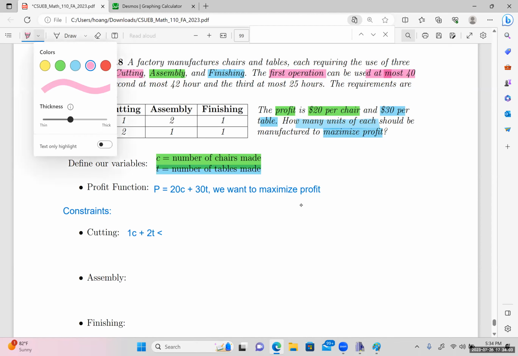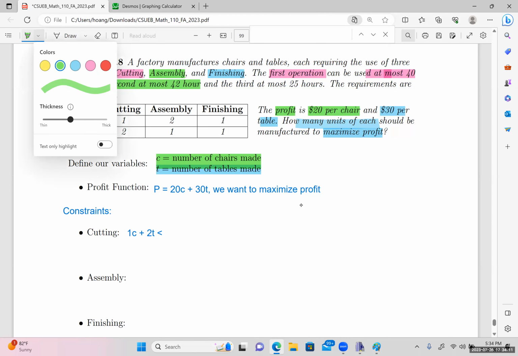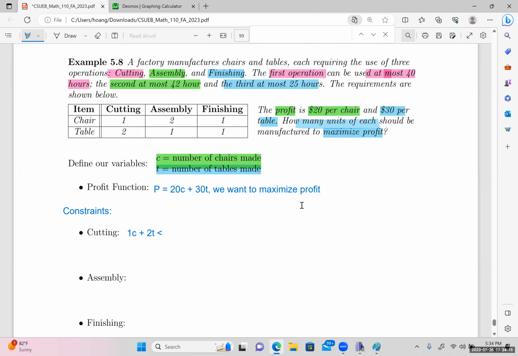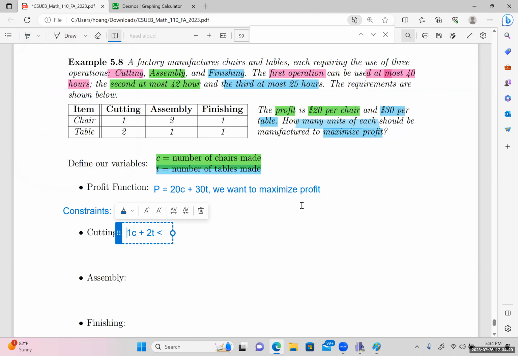Then the second one will be assembly, right? At most 42 hours. The last one will be finishing, 24 hours. So this is less than 40.